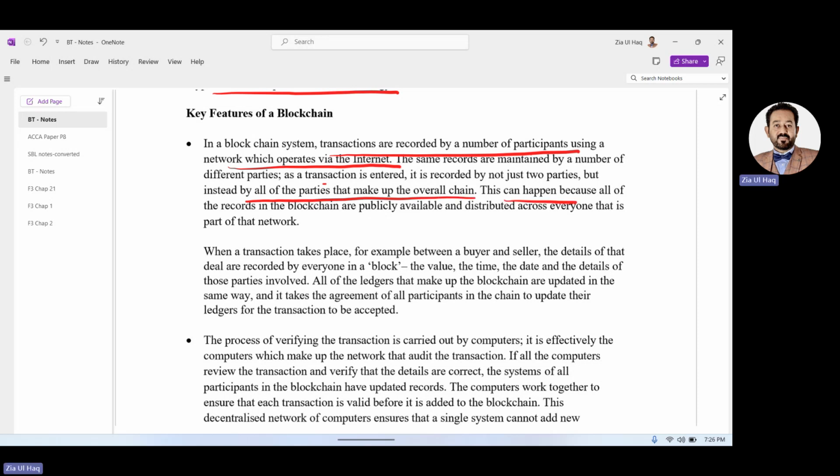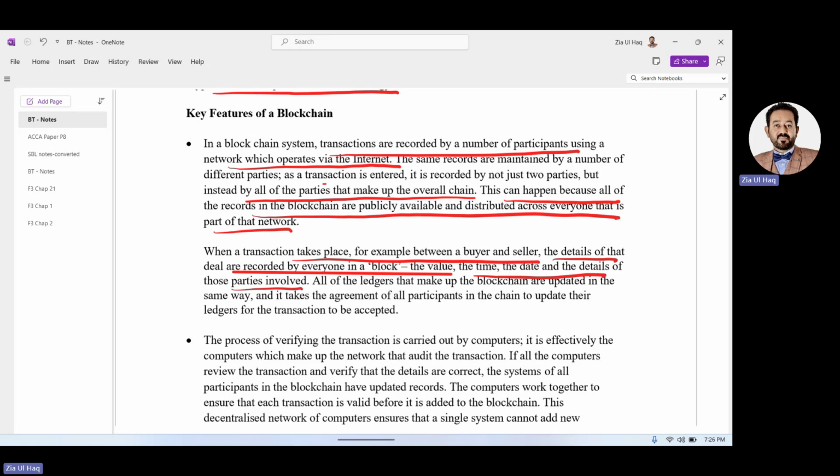This can happen because all of the records in the blockchain are publicly available and distributed across everyone that is part of that network. When a transaction takes place, for example between a buyer and seller, the details of that deal are recorded by everyone in the block: the value, the time, the date, and details of the parties involved.